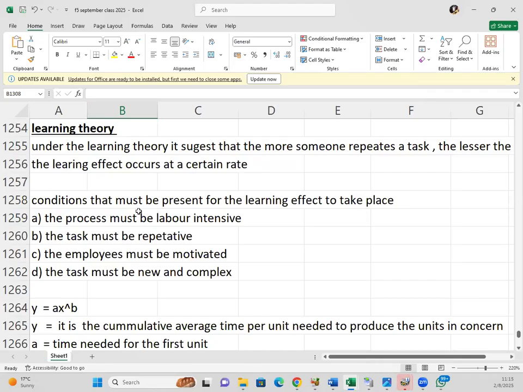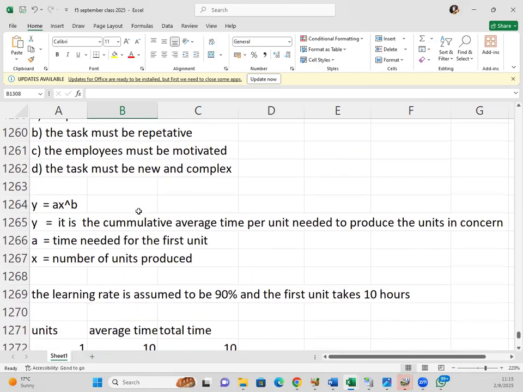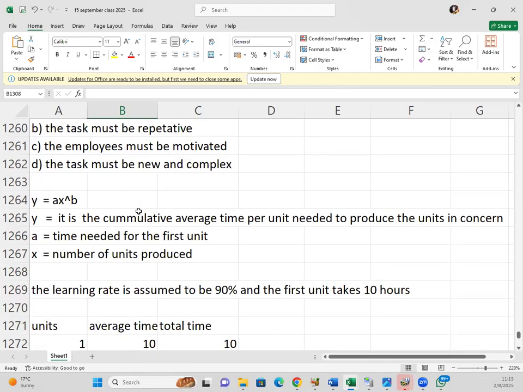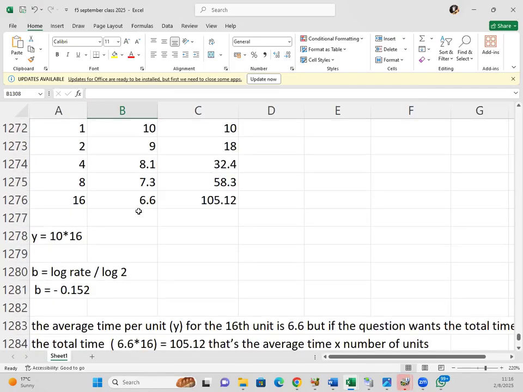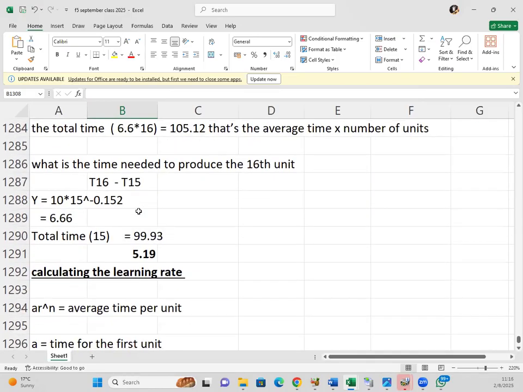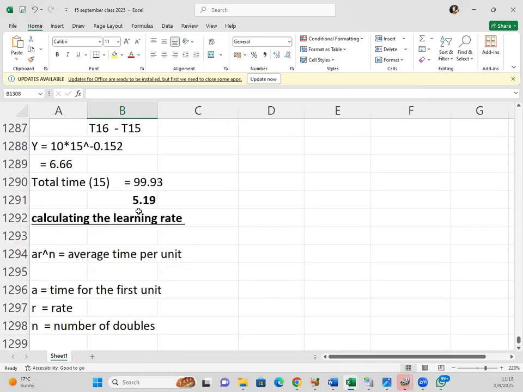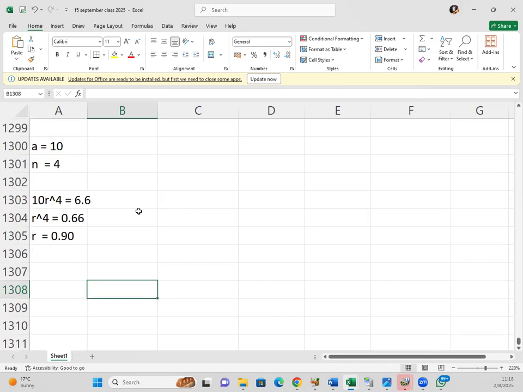We also did talk about calculating the learning rate. That was the last thing we discussed. So let me start from there. Then maybe we look at regression and correlation. Then we move to standard costing.